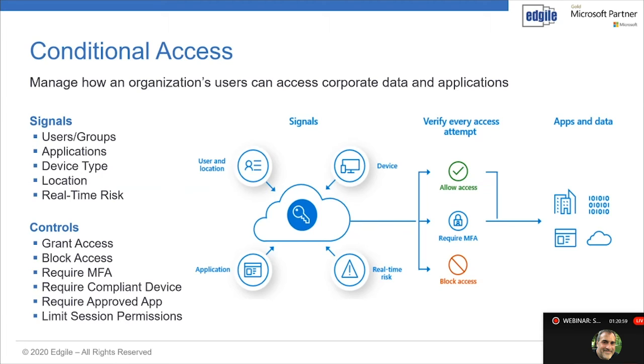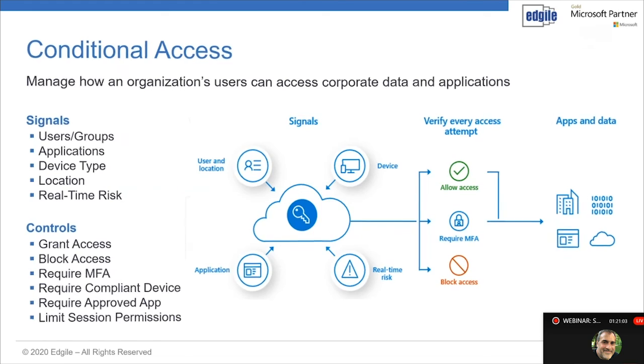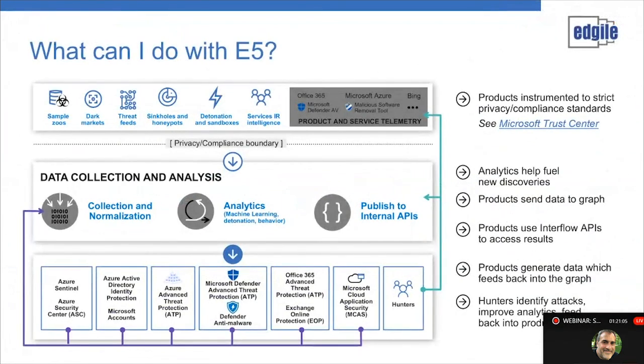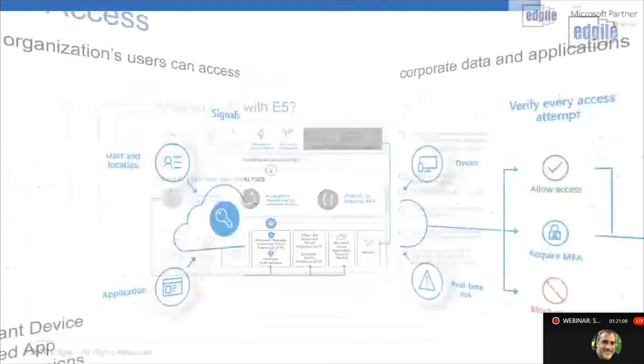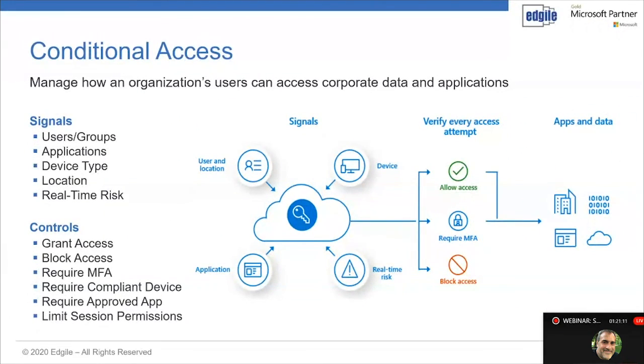The right user may be on the wrong device, or maybe their password got hacked yesterday and it's out on the dark web already. We have the ability to lock them down a bit, help them remediate, and get back to the point of being able to verify every access attempt.